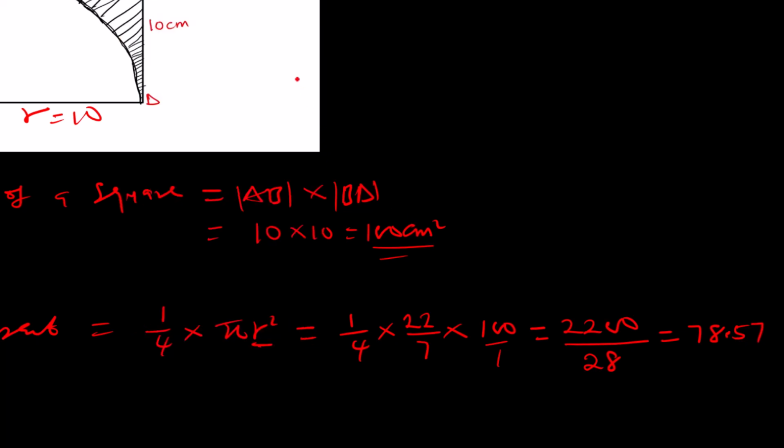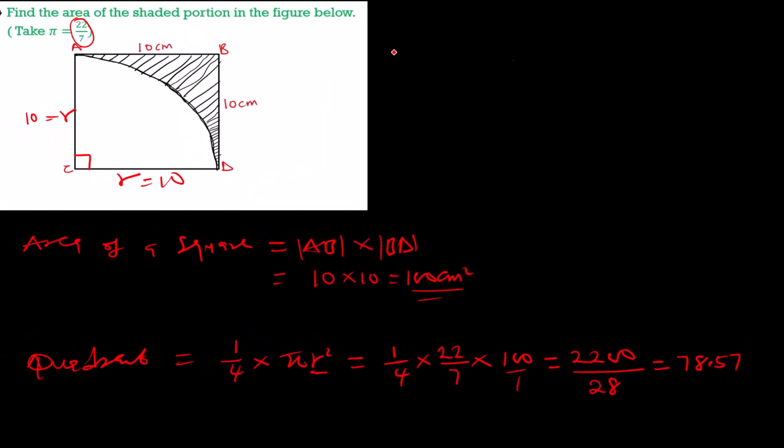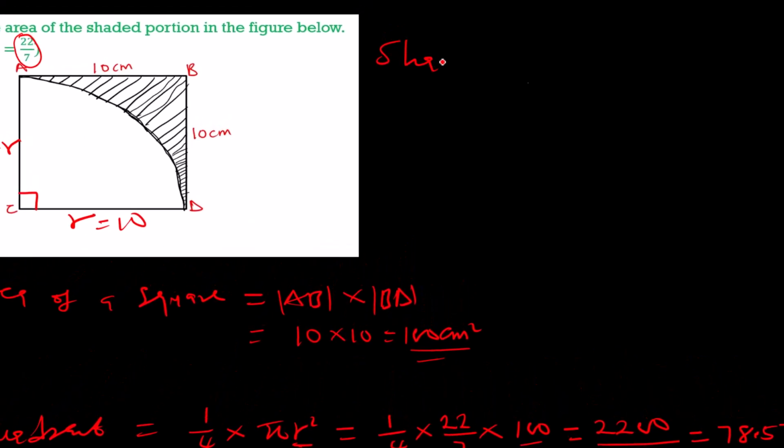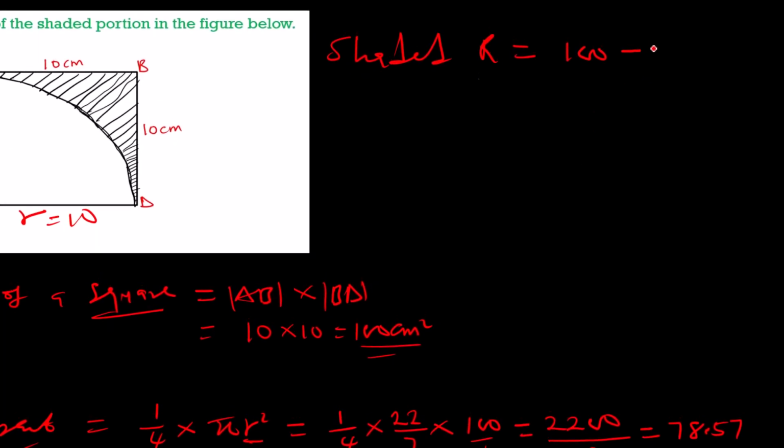Now that we know the area of the square and that of the quadrant, we can calculate the shaded region. The shaded region is just the area of the square, which is 100, minus the area of the quadrant, which is 78.57.